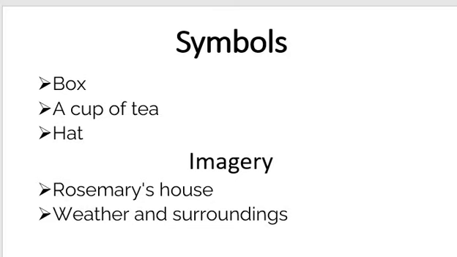The next one is a cup of tea. A cup of tea symbolizes the sanctimonious upper class and the exploitation of the poor class at the hands of the upper class.